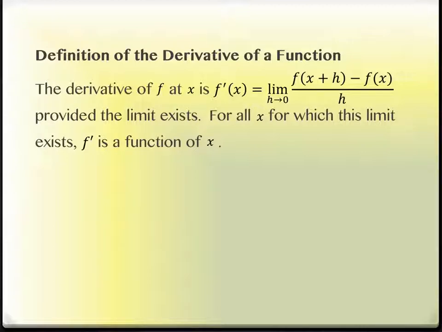The notation for it is a prime, f prime of x. And you'll notice this looks suspiciously like the formula we wrote down on the other page. Very similar. The only difference is that there's an x in there instead of a c in there, right?